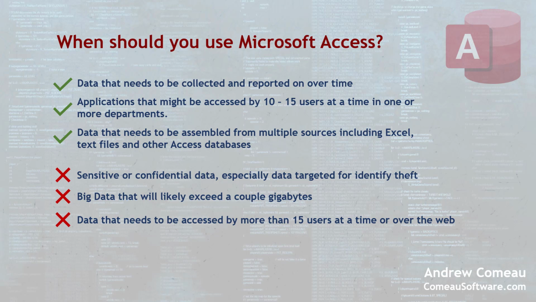But if you have a huge, say again, order entry team, if you have 20, 30 order entry people taking orders over the phone, you would not want to use Access for something like that, because Access, after say 20 or more users, would start to slow down. The official limit, I believe, is 255, but it's going to start to slow down long before that.